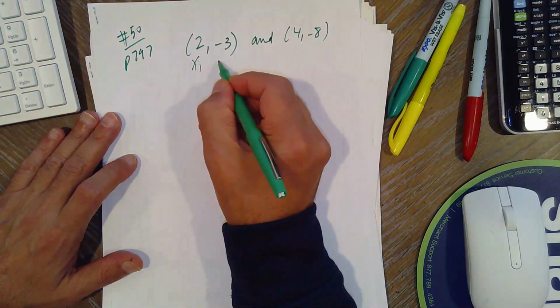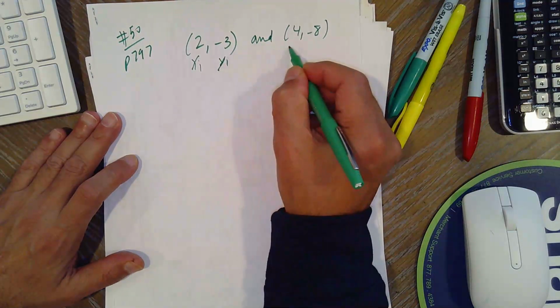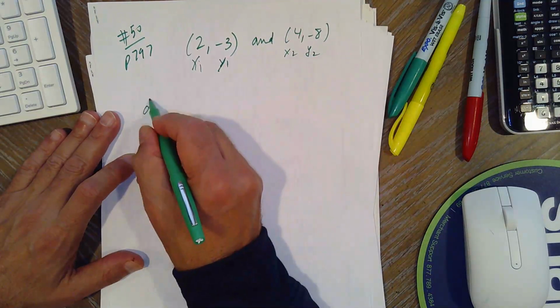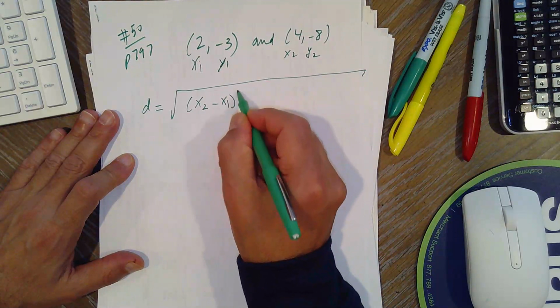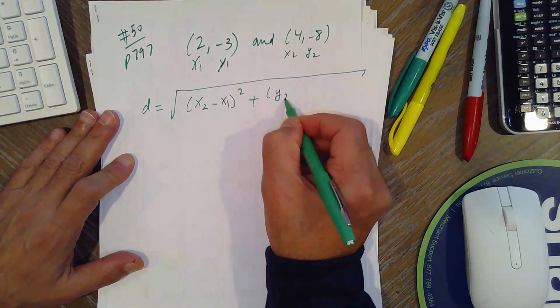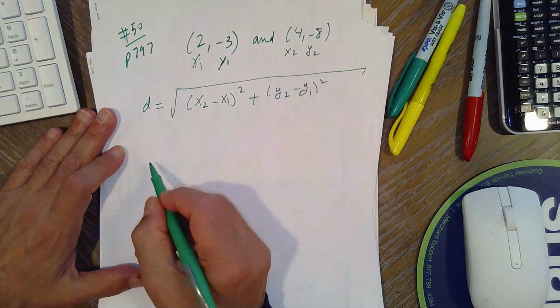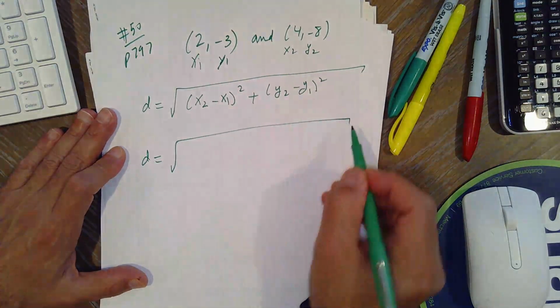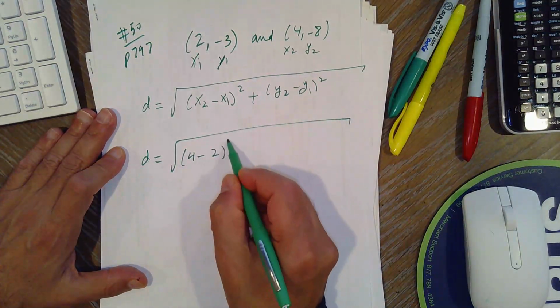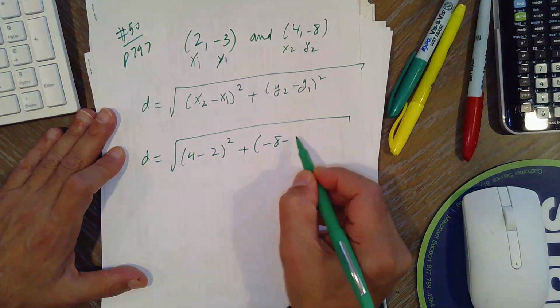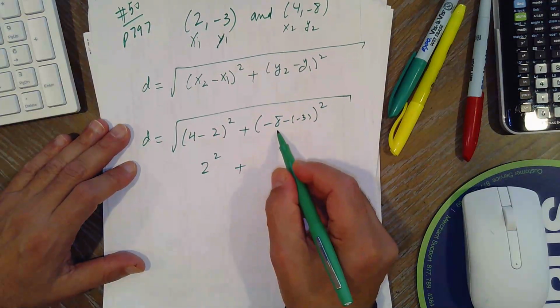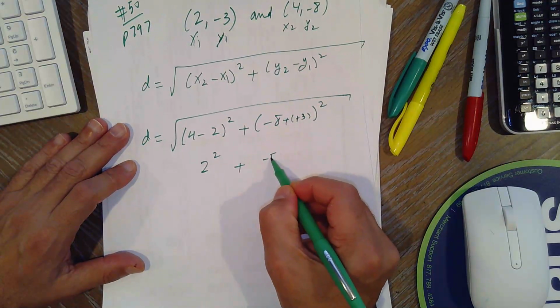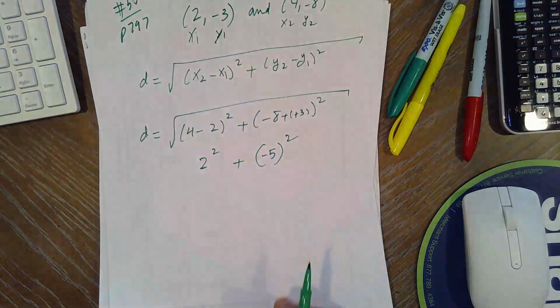So label the points, x1, y1, x2, y2, write down the formula, x2 minus x1 squared plus y2 minus y1 squared. So 4 minus 2 squared plus -8 minus -3 squared. That's 2 squared plus -8 plus 3 is -5. But remember, when we square a number, we get a positive.